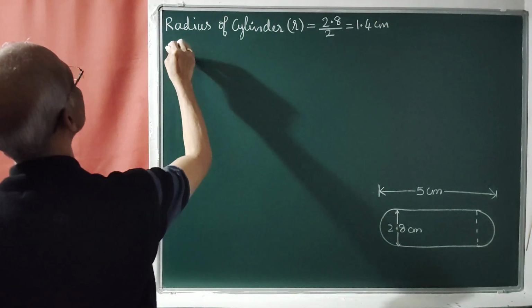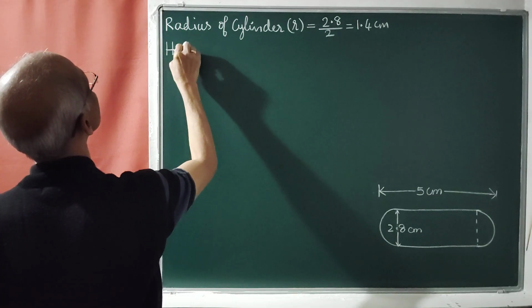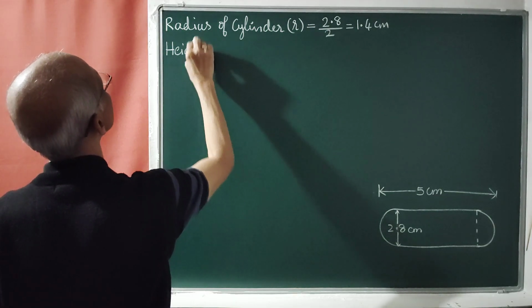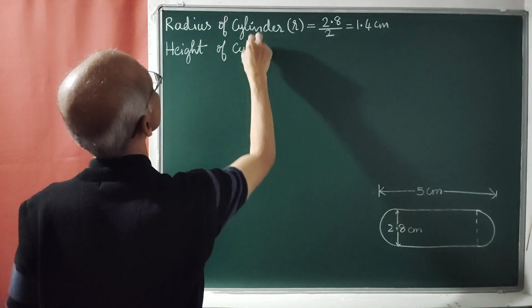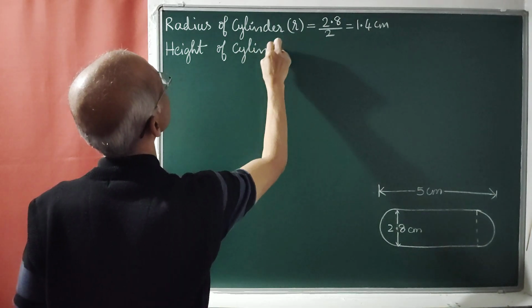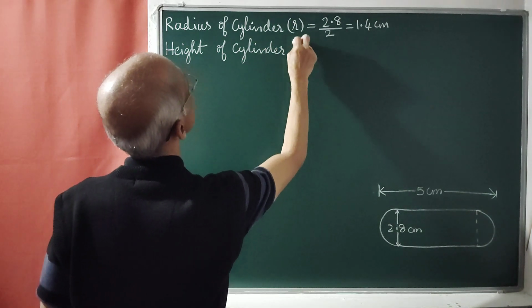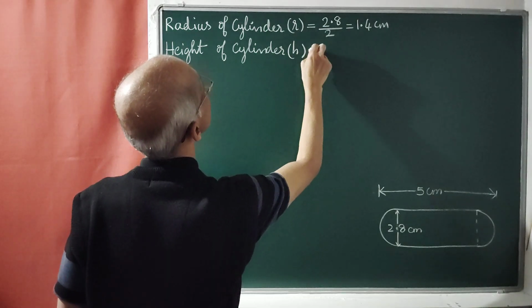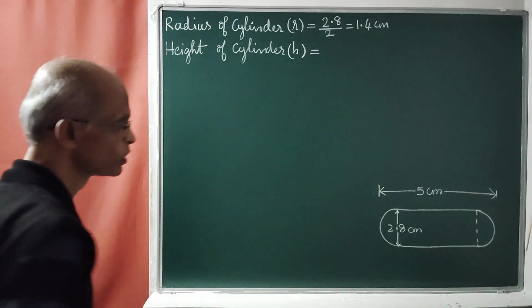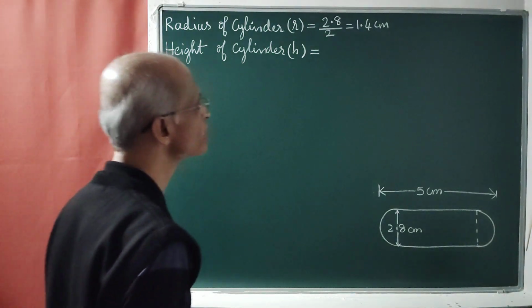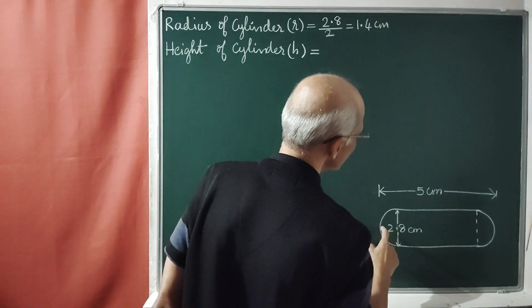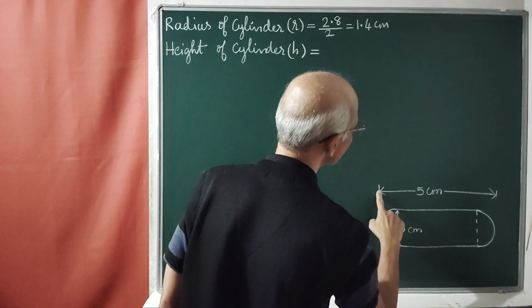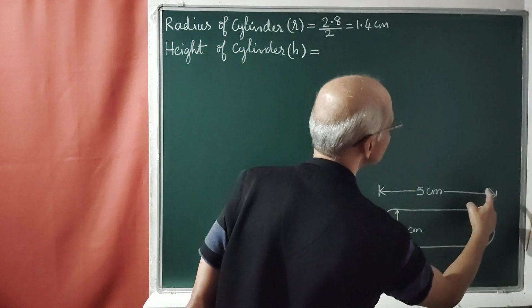Now height of cylinder, h equal to. To find the cylinder height we have to subtract 1.4 from this side, 1.4 from this side.